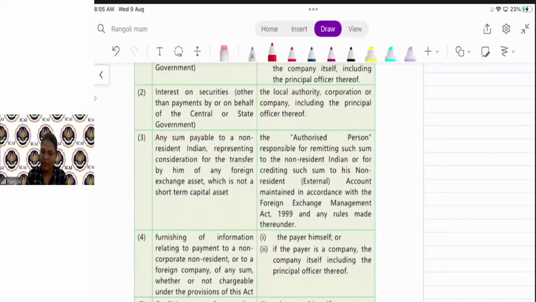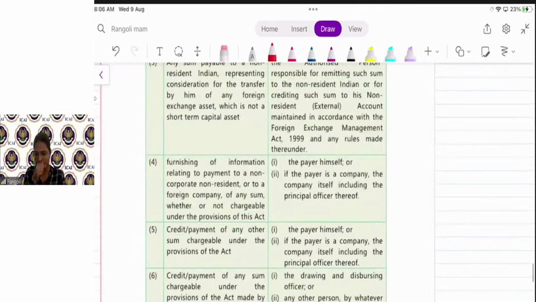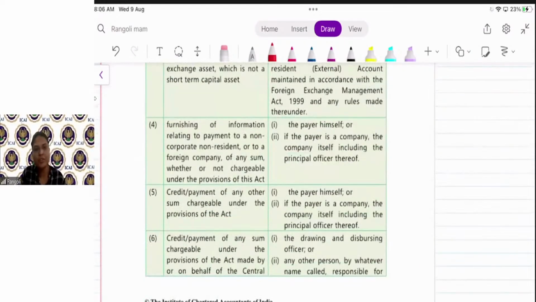In case of any sum payable to a non-resident Indian representing consideration for the transfer by him of any foreign exchange asset which is not a short-term capital asset, the TDS is required to be paid by the authorized person responsible for remitting such sum to the non-resident account. Furnishing of information relating to payment to non-resident, non-corporate non-resident or to foreign company: any sum, whether or not chargeable.